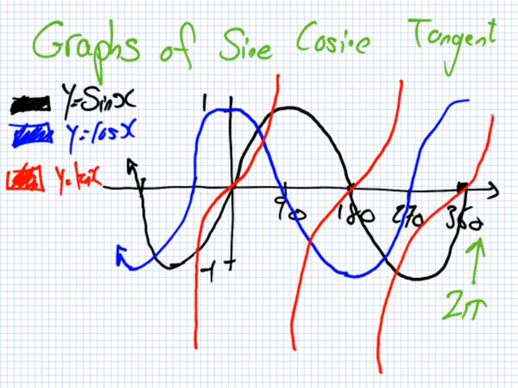This is sine x, its graph. Its maximum is 1, its minimum is -1. And it goes from 0 to 360. If we were using radians, what would this be? It'd be 2 pi radians.